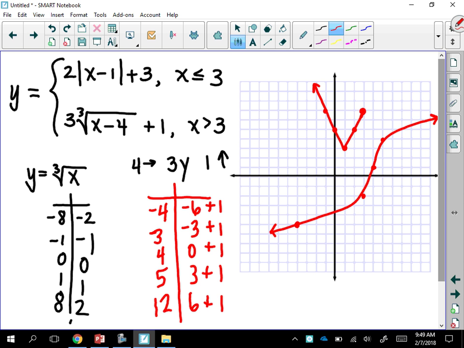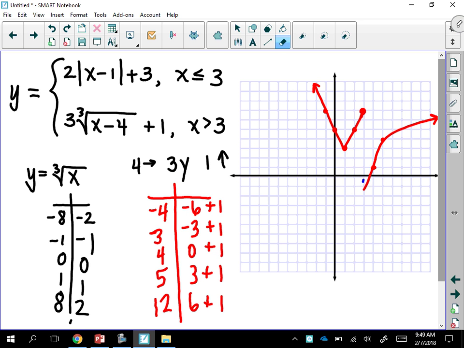But obviously, I can't have the entire cubic root function. This piecewise function would not be a function. There's a domain, and the domain is that x has to be greater than 3. So I'm going to go to where 3 is on my graph, which is right there. If I want to keep the parts where x is greater than 3, which side will I keep? The right-hand side. Anything to the left of 3 gets erased.